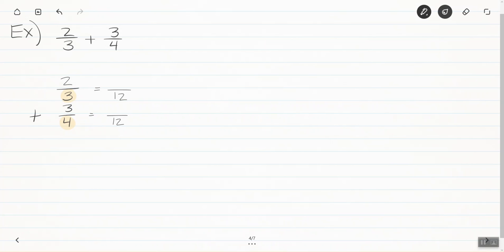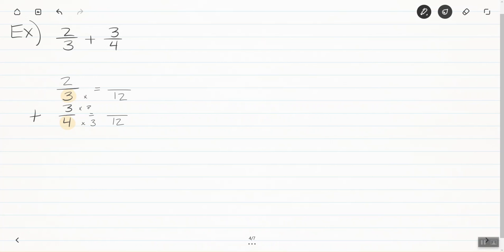So now I know that both 3 and 4 can make 12. Well, the question you have to ask yourself is, what do you need to multiply times 4 to make 12? And what do you have to multiply times 3 to make 12? Well, I'm going to start with the 4. I need to multiply 4 times 3 to make 12. And whatever I do to the bottom of a fraction, I also have to do to the top.